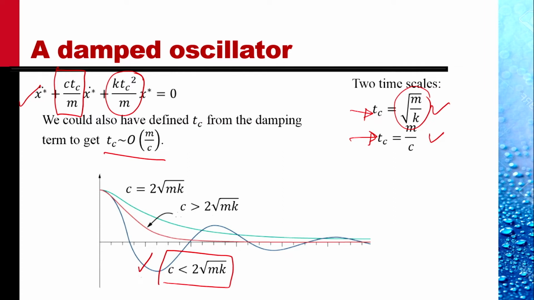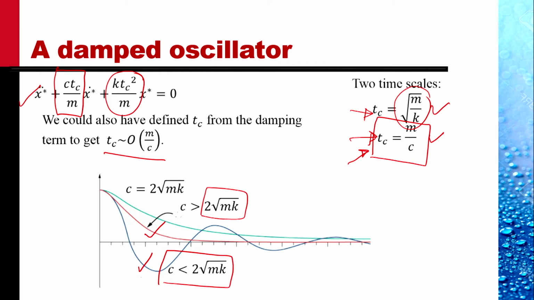But when this time is less, that is when c is greater than 2 under root mk, then the red line represents the solution. It is no longer oscillating. So this is when this characteristic time dominates, it is a lower value.